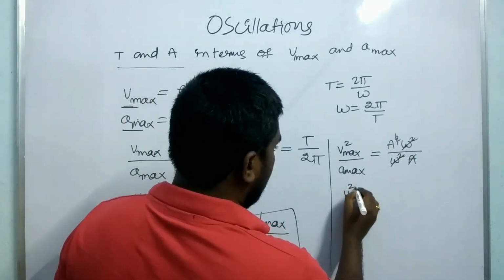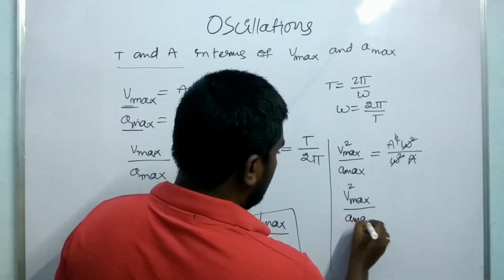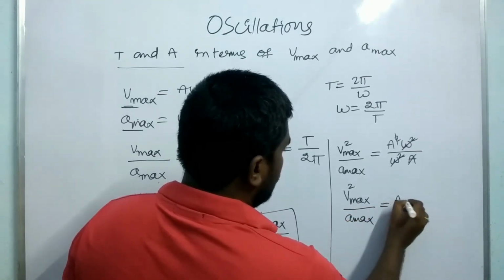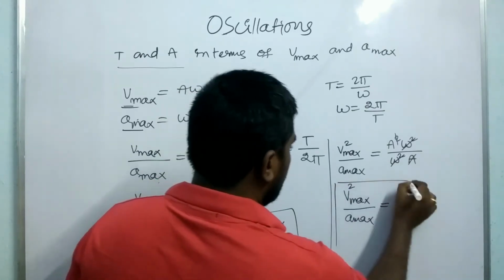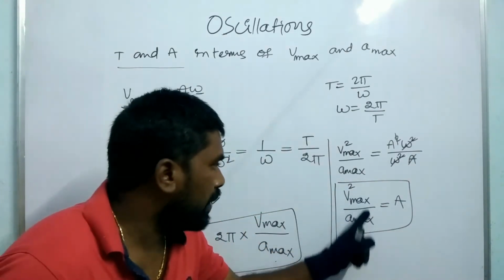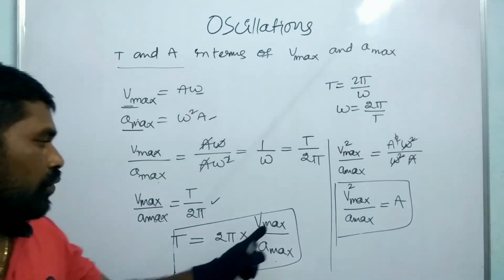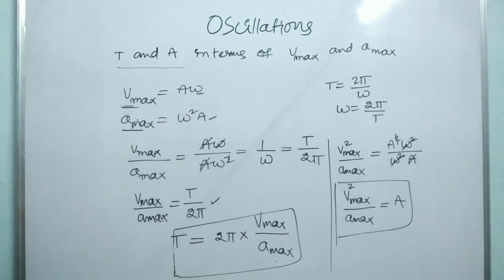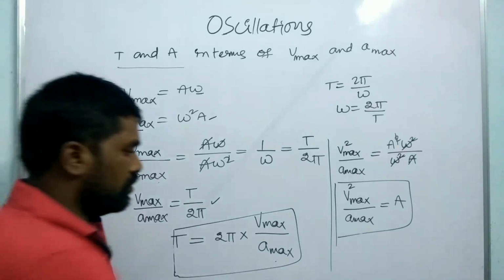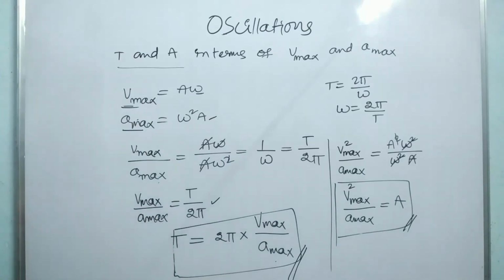So V square maximum by A maximum is equal to the amplitude. So amplitude should be written as V square maximum by A maximum. Time period should be written as 2 pi into V maximum by A maximum. Clear? So these are the observations we have to use in numericals, right?